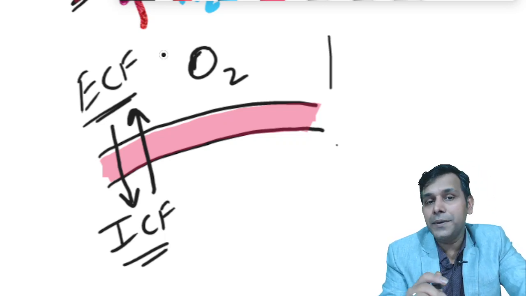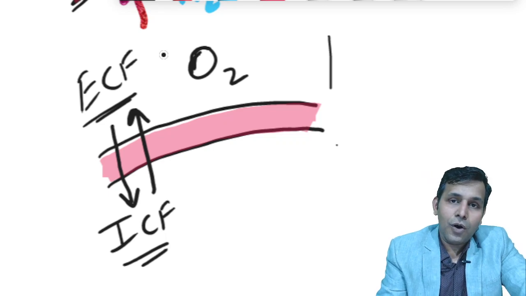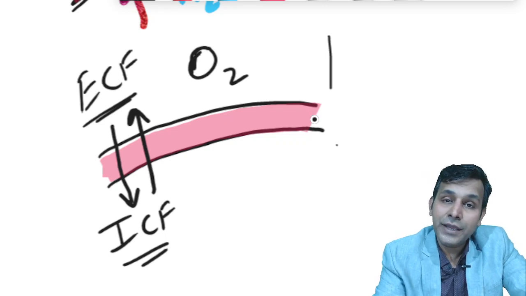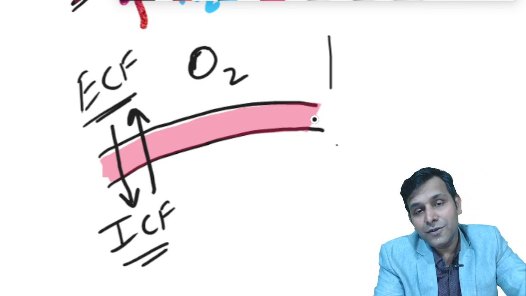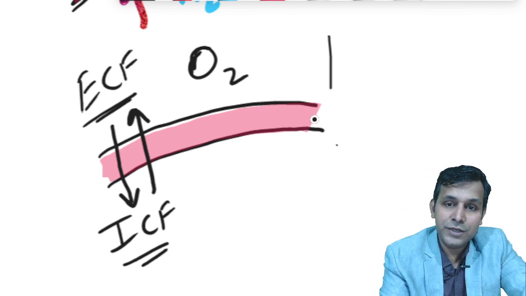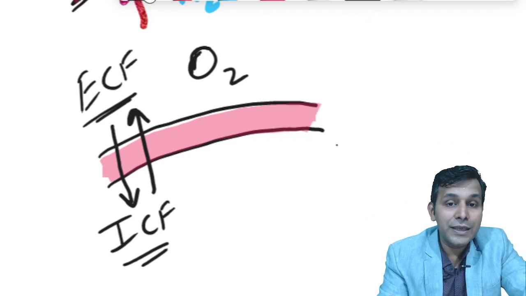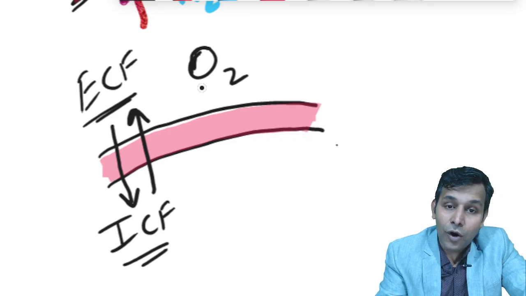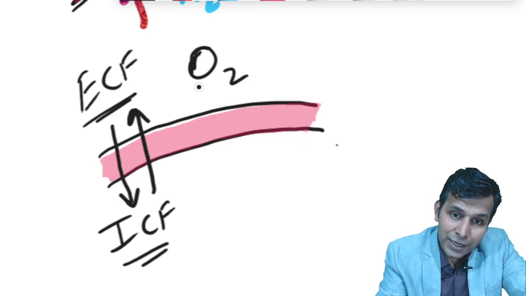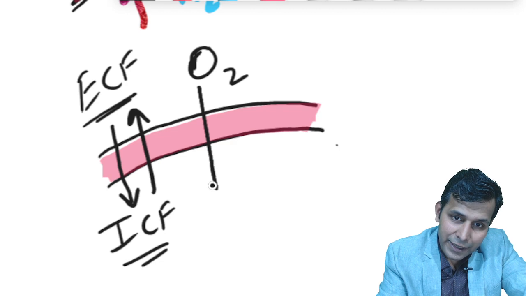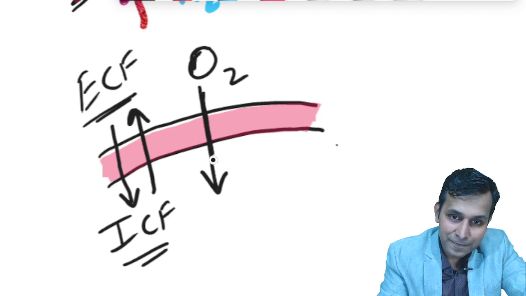It's a complete molecule. So oxygen can dissolve in water as well as dissolve very nicely in lipid. So oxygen can cross the lipid bilayer directly and can enter inside the cell.